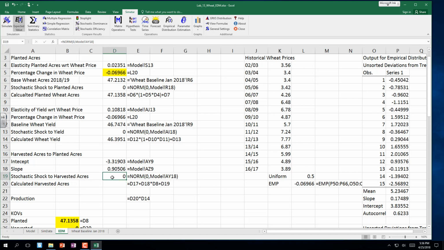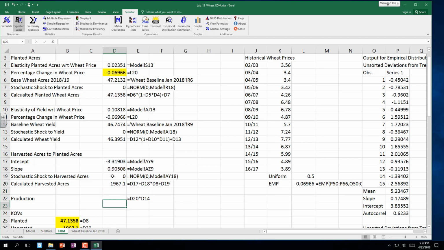Now, calculated acres. Our stochastic shock is 0 there. So our calculated acres are going to equal the intercept. This is just a forecast with a regression, plus the slope times our calculated, which is now going to be a stochastic planted acres, plus the stochastic shock to harvested acres. Okay.